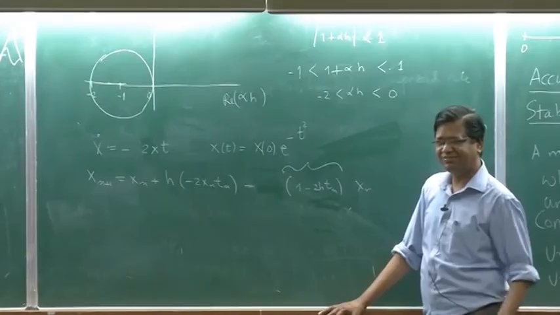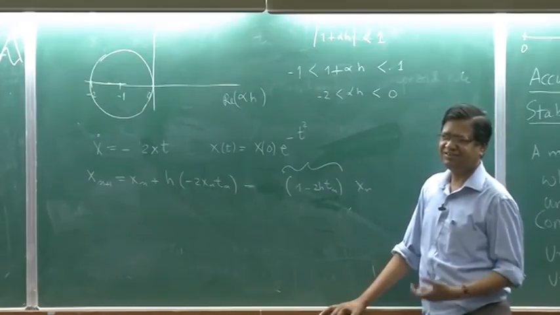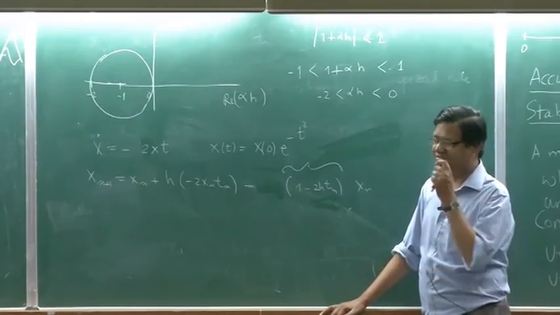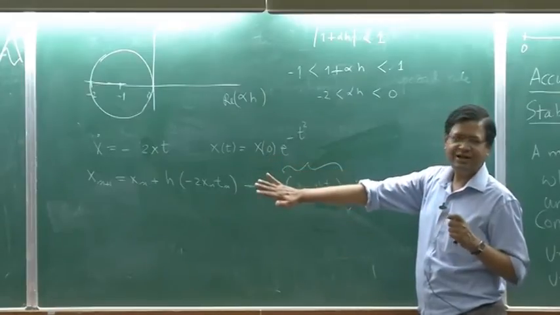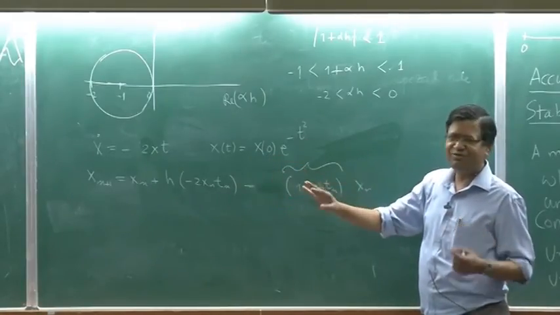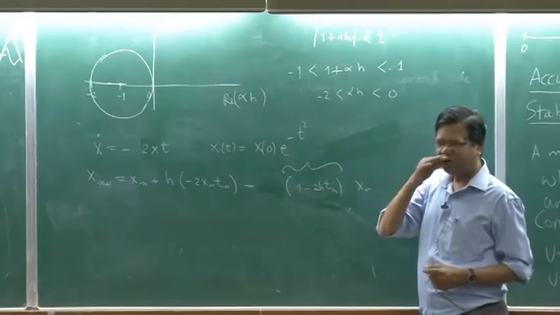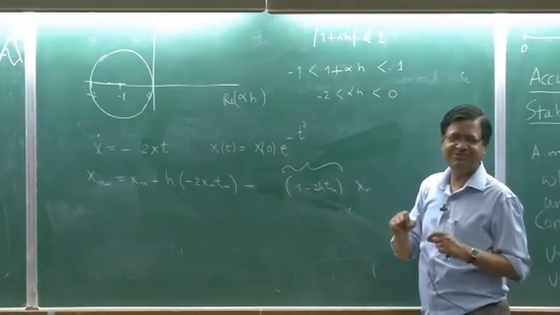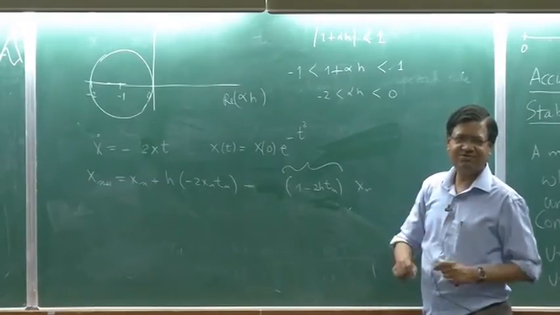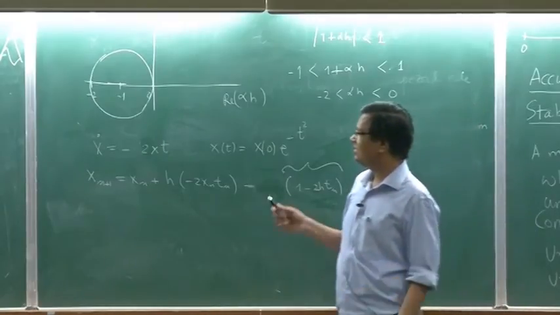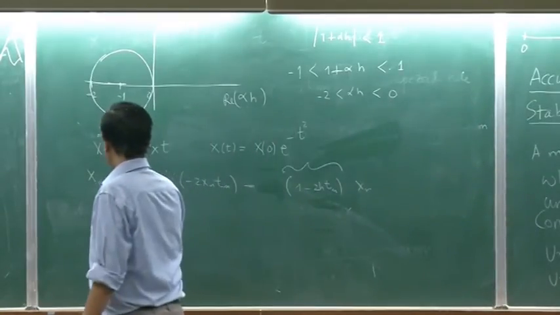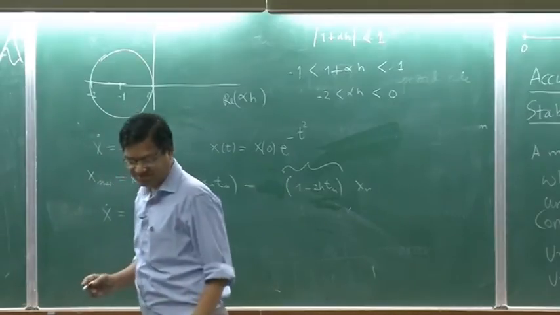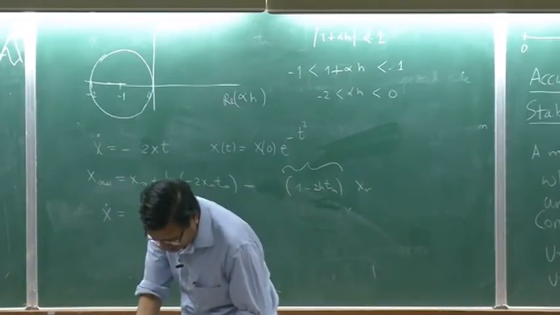Stability is not a trivial thing; stability requires analysis. This equation is of course simple, but when you have higher order schemes, I will not do much of it in the class, but you have to work it out carefully if you are working on these kinds of issues.